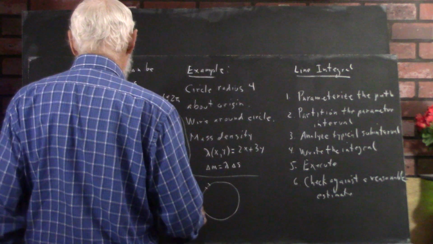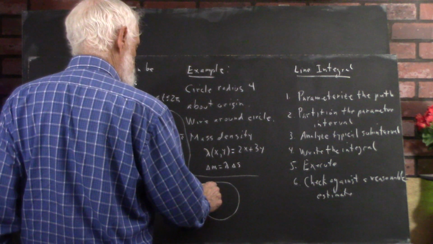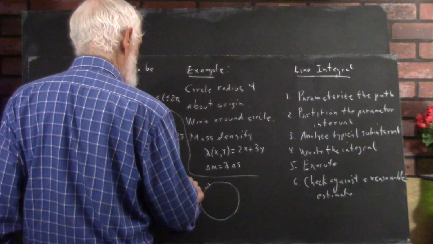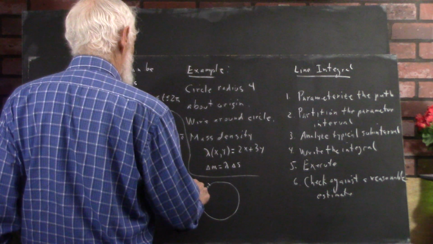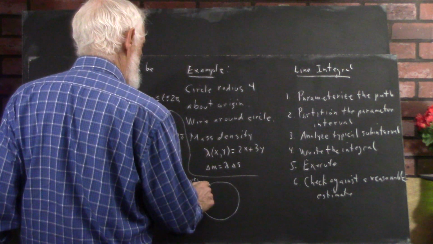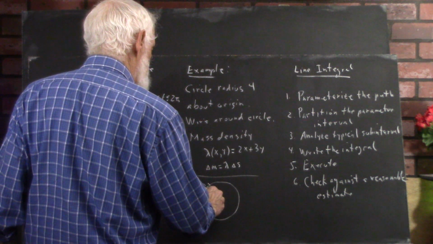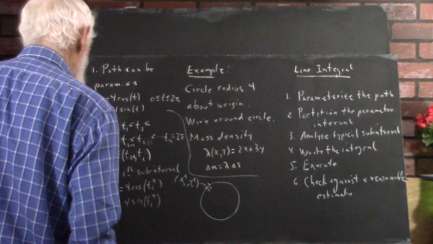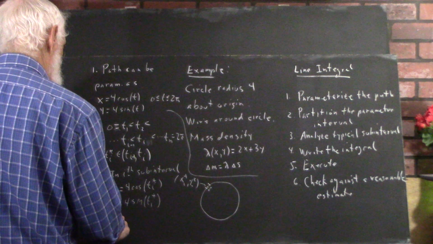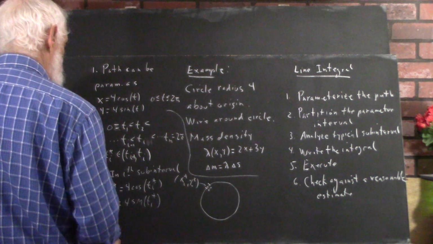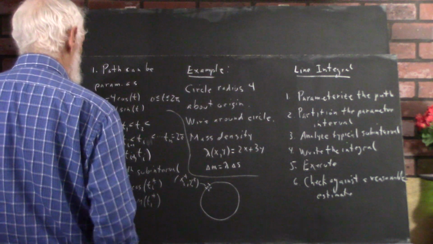So here you have your ith interval with sample point xi star, yi star. And you have an interval length. Okay, the interval length I'm going to call delta S sub i, and it's going to equal what?